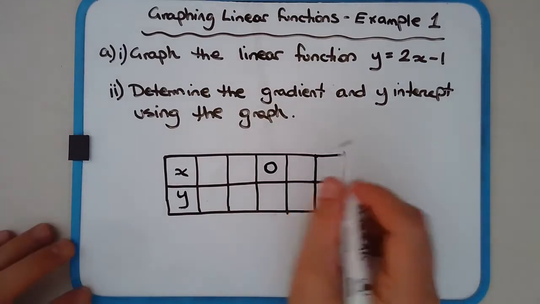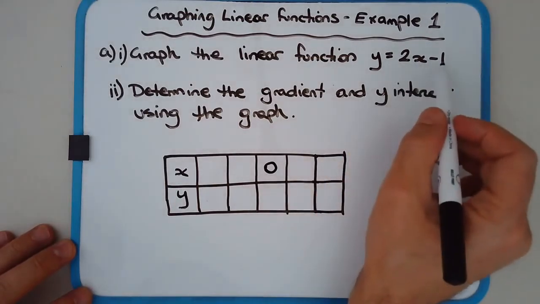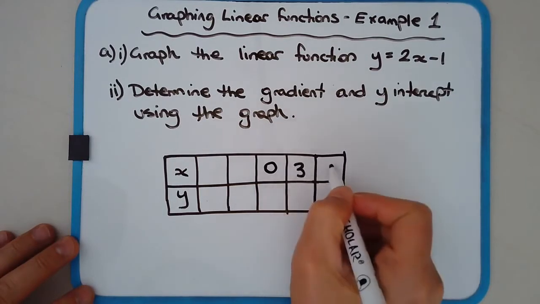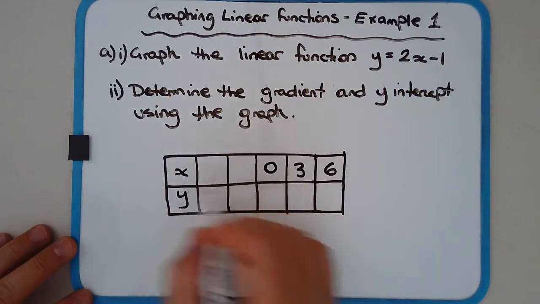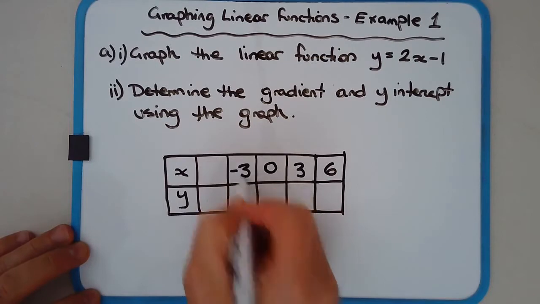Based on the function 2x minus 1, I might go, say for example 3 and 6 for the positive values, and they don't even have to go up in a set order. They can even be 5 random numbers. It really doesn't matter as long as they're reasonable choices. You'll see what I mean by reasonable later.